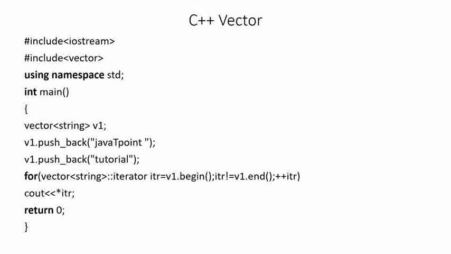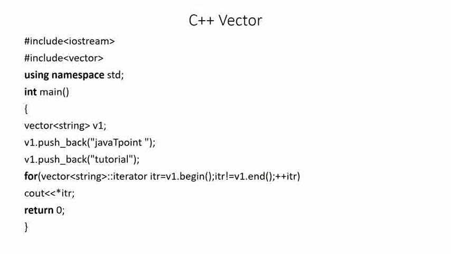So here in the vector brackets, string is the data type. V1 means what? V1 is a vector which has a string data type. V1 push_back Java point and V1 push_back tutorial.